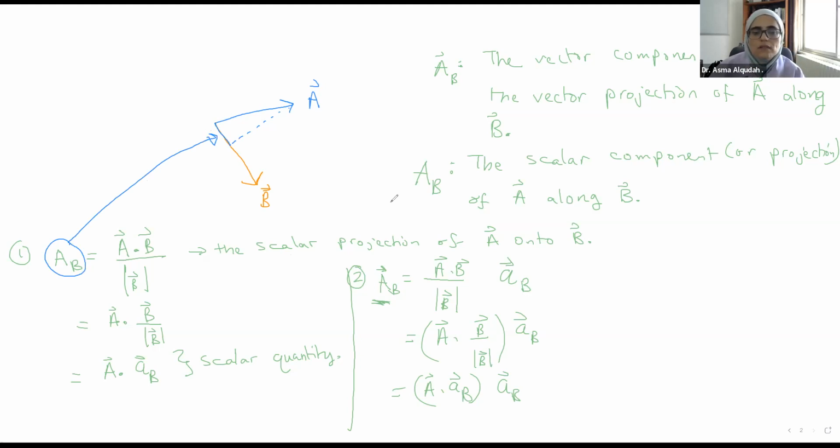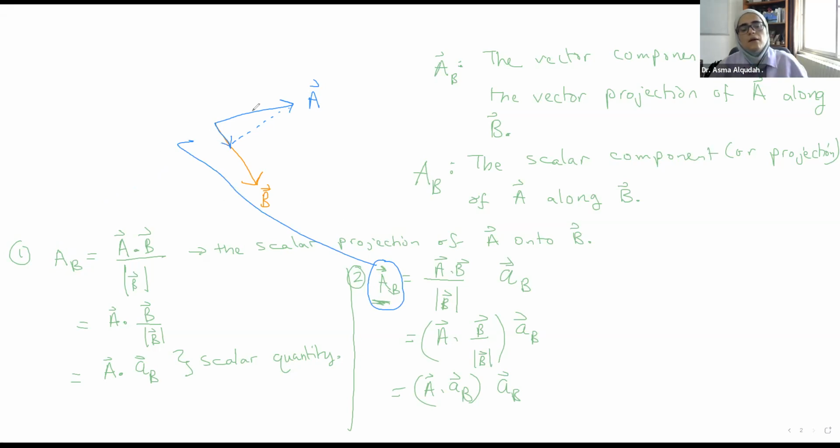Okay, now if we want to find A sub B, the vector projection, it should be something having the same magnitude as the scalar quantity, but with a direction. So this one should be like this.